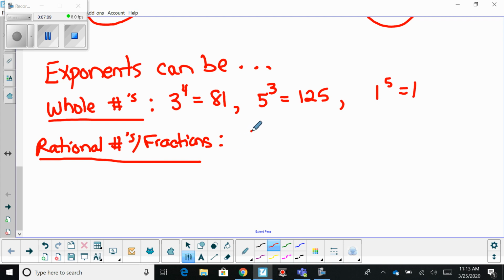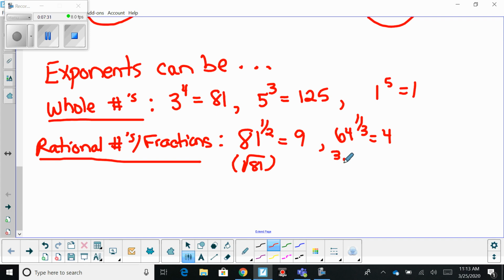So if I have 81 raised to the 1/2, well, that's 9, because that really just means the square root of 81. If I have 64 to the 1/3, that would be 4, because that's really just the cube root of 64.